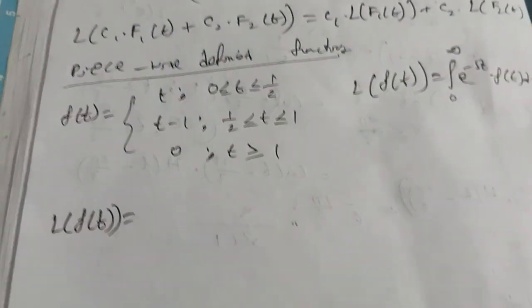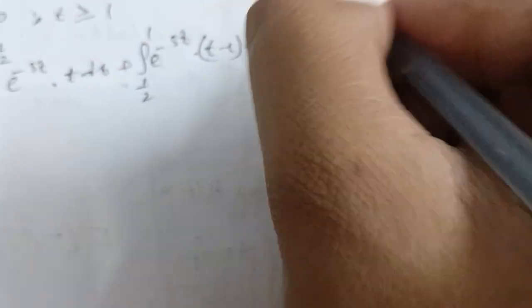So here, for Laplace of f(t), I have to break it into intervals. From the interval 0 to half, the value of f(t) is equal to t, so the integral of e power minus st dot t dt. From half to 1, the value is t minus 1, so the integral of e power minus st dot (t minus 1) dt.